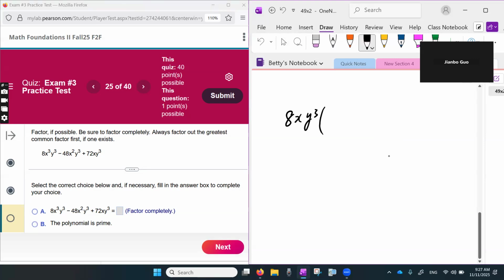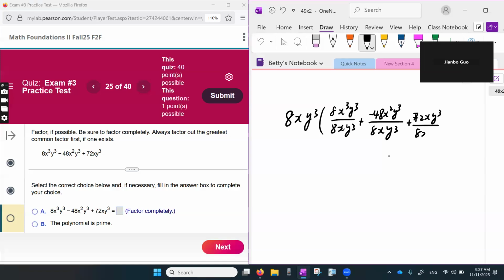All right. If you do not remember how to write the content in the parentheses, use the technique I taught in the class. From term 1 over GCF, from term 2 over GCF, from term 3 over GCF, right?